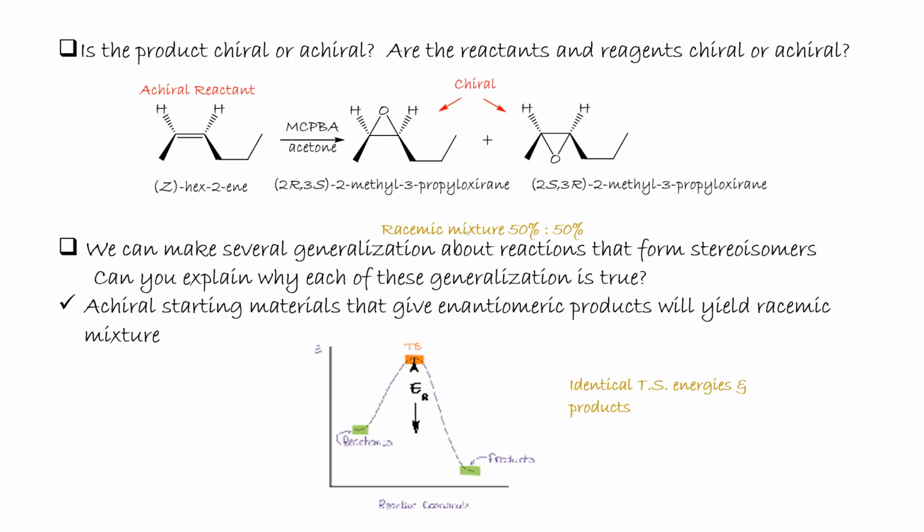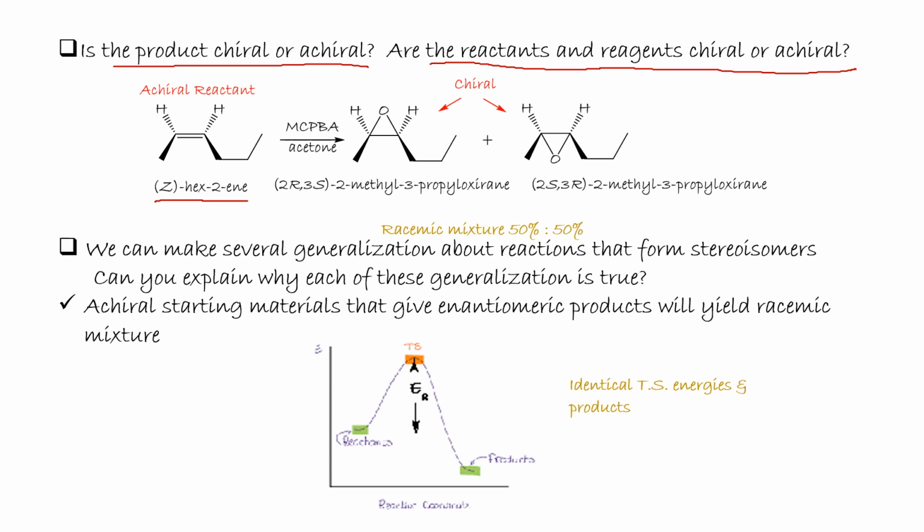Let us examine the previous example. Is the product chiral or achiral? Are the reactant and reagent chiral or achiral? Z-hexene is an achiral reactant. It has a plane of symmetry. The two faces, the upper one and the bottom one, are a mirror image to one another.